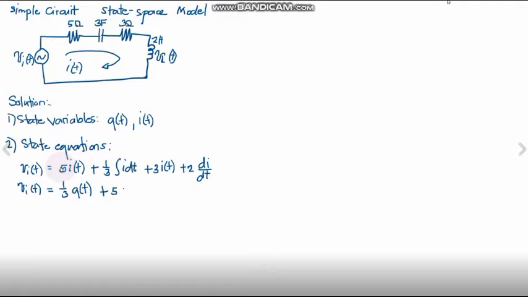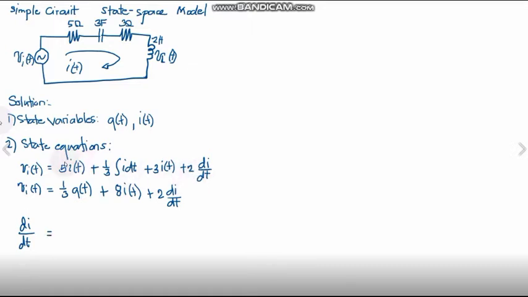So once more, by KVL from our given circuit, and these are the voltage-current relationships among the components based on table 2.6, if you remember from our PowerPoint presentation on the transfer function.